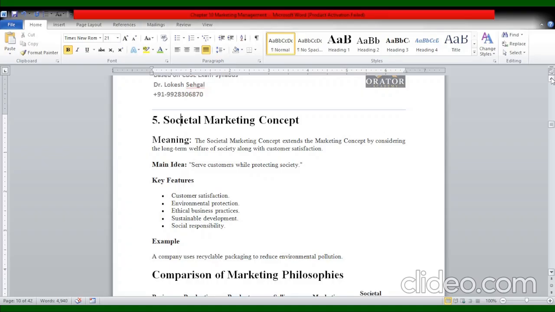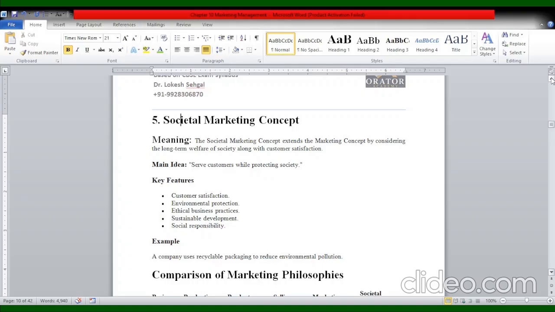You are not only focusing on customer satisfaction in terms of your product, you are also focused on the long-term welfare of society. So you have to serve customers while protecting the society. Your product should not be hazardous to them. Your product should not create any problems in society. So the societal marketing concept follows the main idea: serve customers while protecting society.